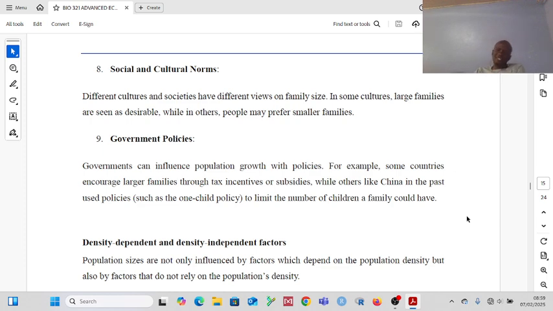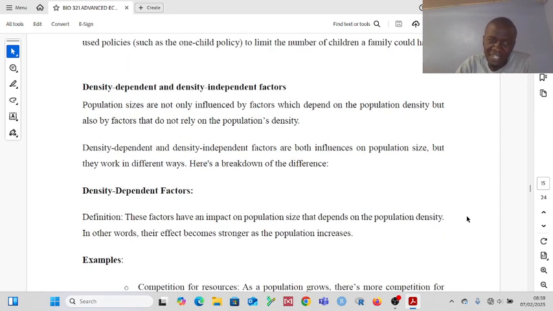So when you look at these factors that we've seen impacting population growth, they are occurring in two categories. Some of them rely on the density. So it is a density dependent factor. Okay. Then there are some factors which don't depend on density. We said density is the number of organisms per given area or per unit volume. Okay.